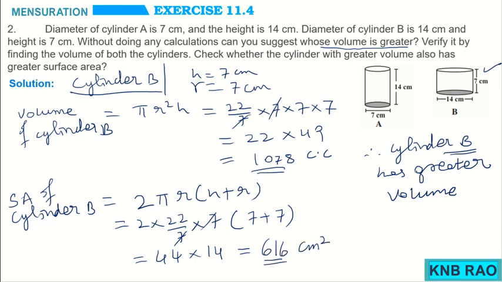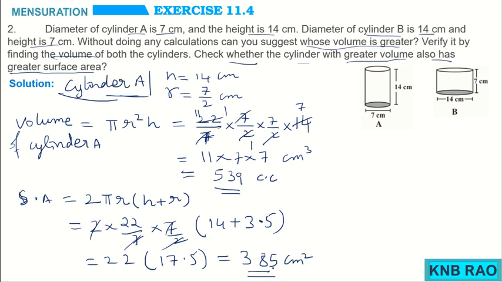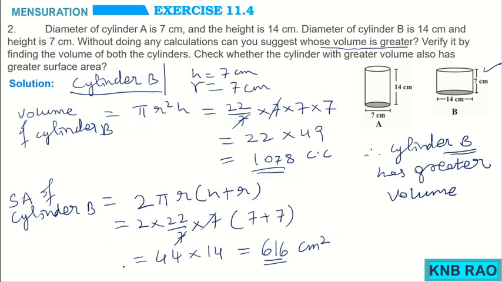Now you watch here, this is 385 centimeter square for cylinder A and cylinder B is 616 centimeter square.